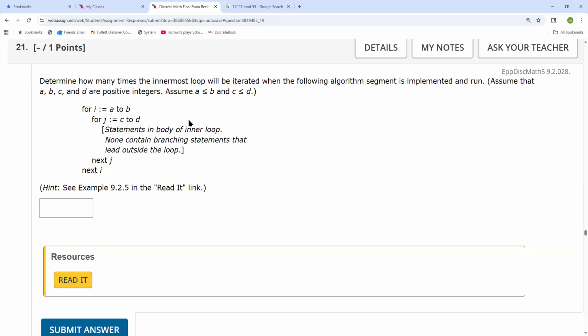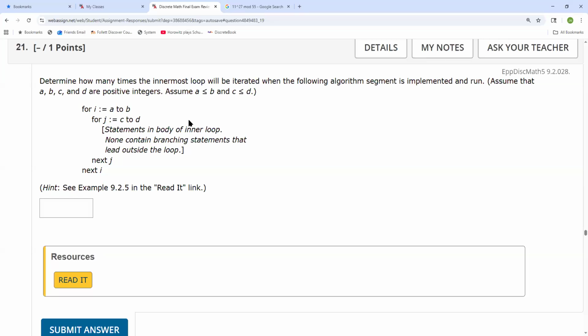And then you go into the inside, and then you run this second loop, J equals C, and then C plus 1, and then C plus 2 all the way through D, right? So let me give you a simple example. First time you run the whole process, and the first time you run the inner loop, let's just imagine that C is equal to 3, and D is equal to 7. 3 and 7. How many times did the inner loop run if C is 3 and D is 7?